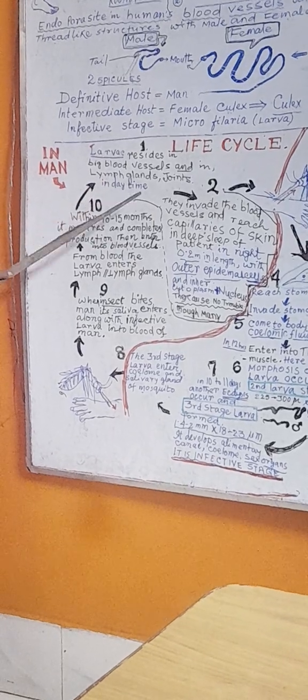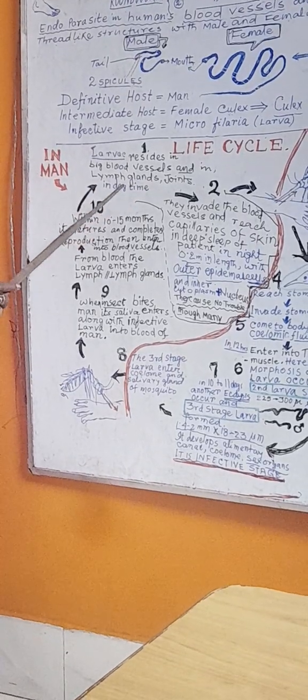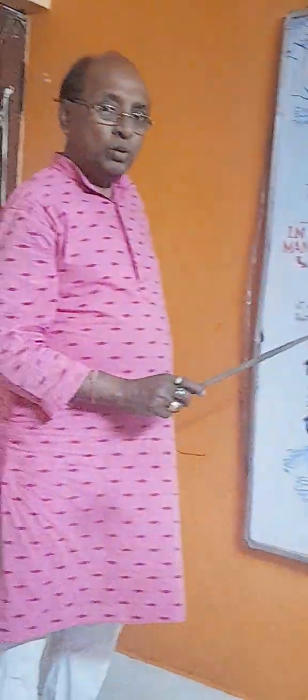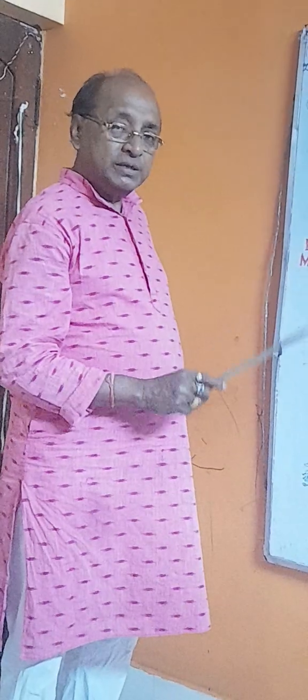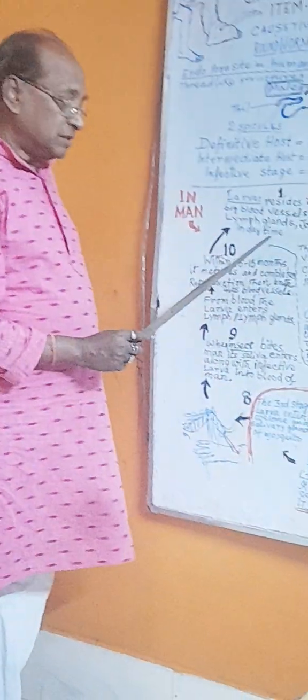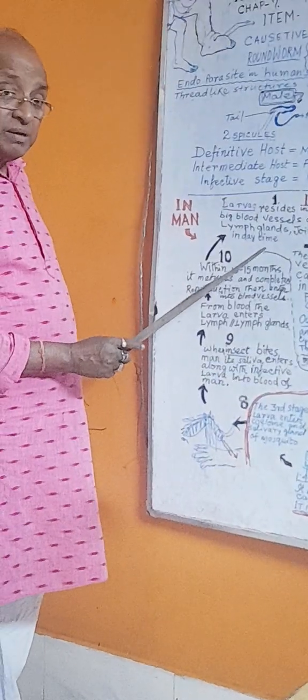They enter the body of the human being and rest in larval form, residing in the big blood vessels, lymph glands and joints. In the daytime they roam in the body of the host.